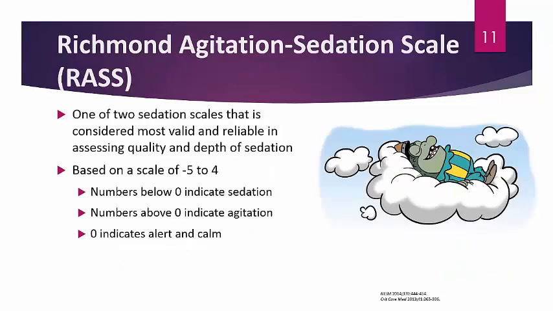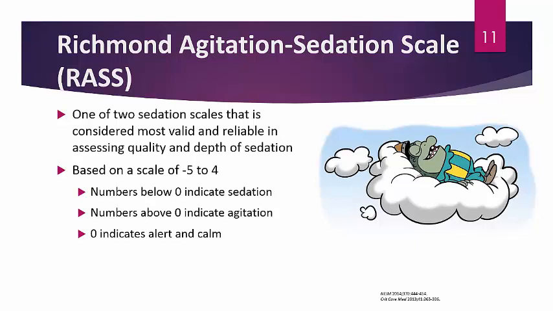So the first one is the Richmond Agitation Sedation Scale, which is probably the more common of the two between the RASS and the SAS scale, depending on which institution that you're at. Some hospitals may use the RASS scale and some hospitals may use the SAS scale. And the Richmond Agitation Sedation Scale is based on a scale of -5 to +4.